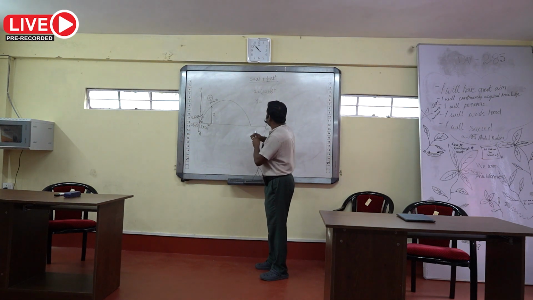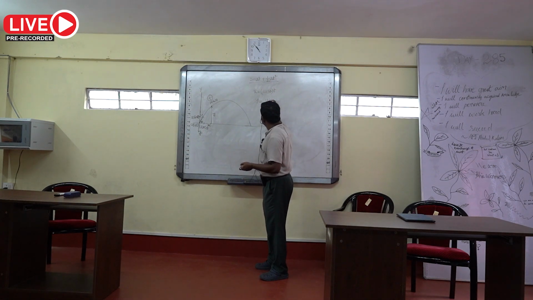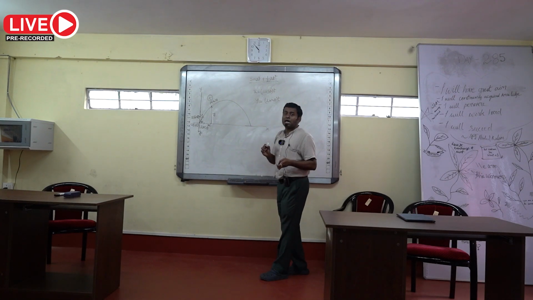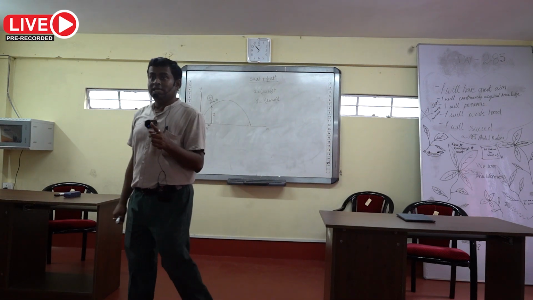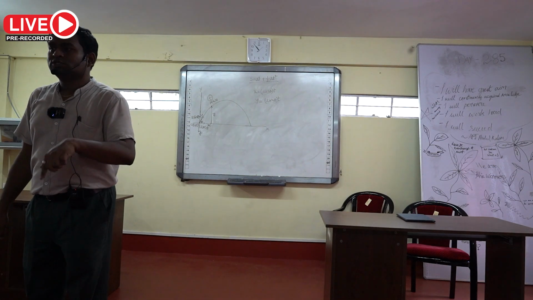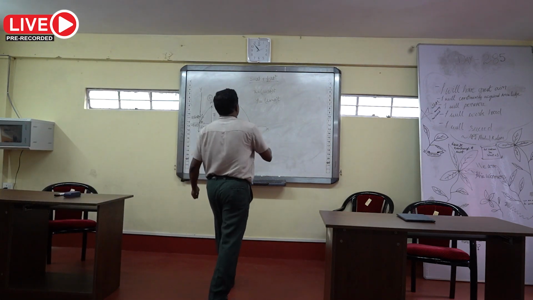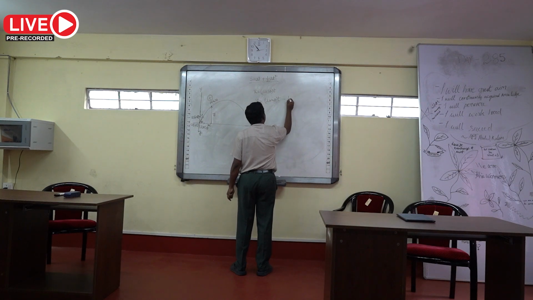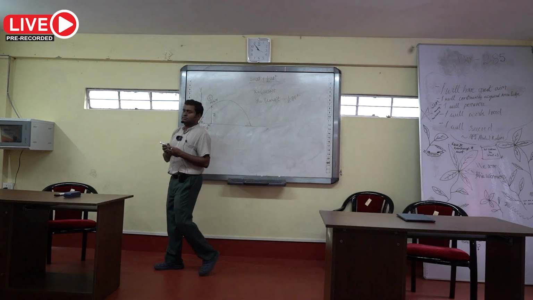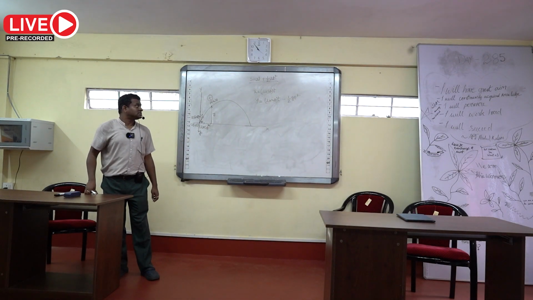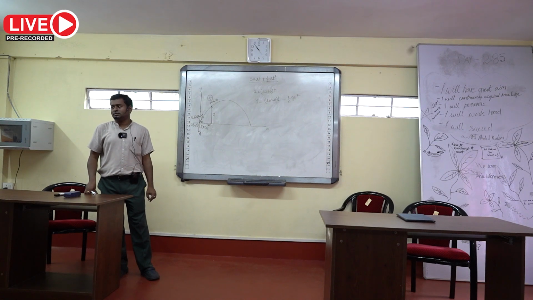So in place of u, I will write u sin theta into t as before, plus half at square. But what is a? g. In which direction? So minus g. It will be minus half g t square. So the equations are complete.